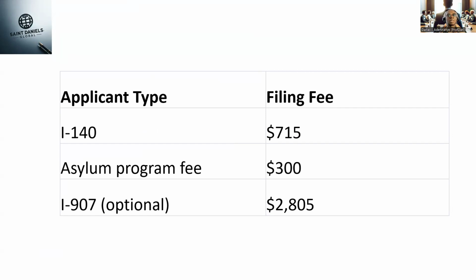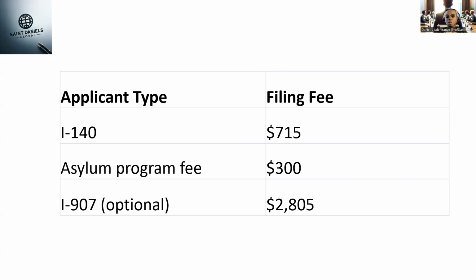The next one is the asylum program fee, which, since April 1st, 2024, has caused some self-petitioners' applications to be rejected. We can't blame those whose applications were rejected, because they didn't really know. And some of these cases are still in court, trying to see if this fee should be paid or not.